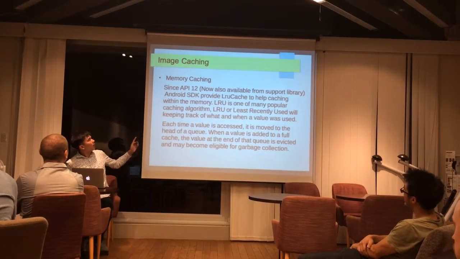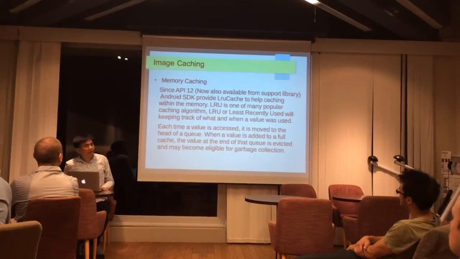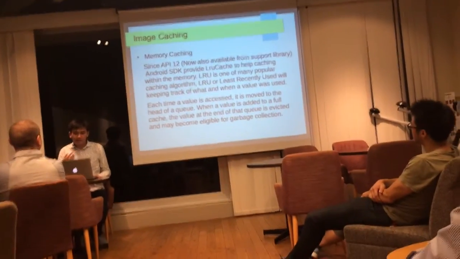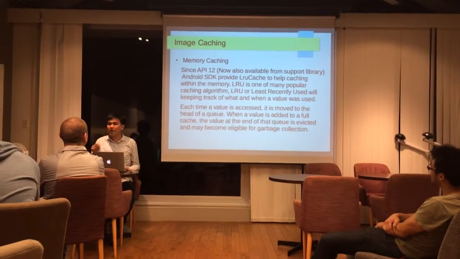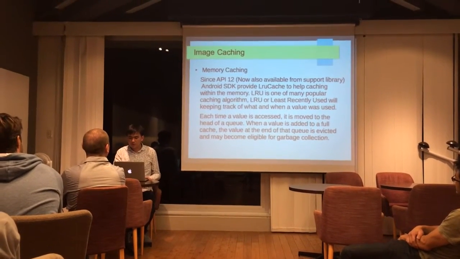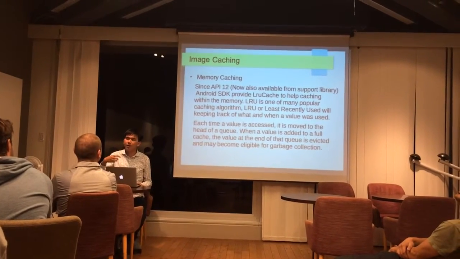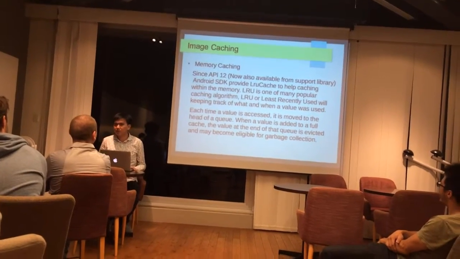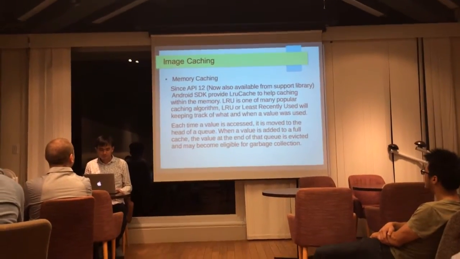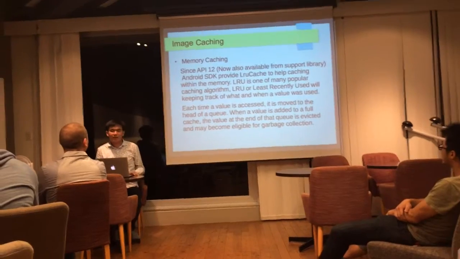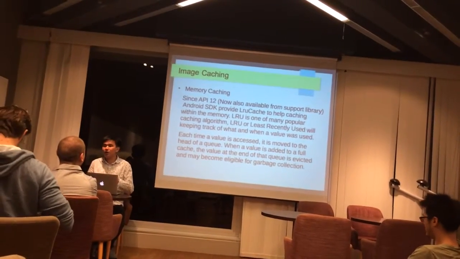But first of all, since API 12, Android SDK provides LRU cache, and now it is also available from the support library. Last time Anthony made a presentation about the support library too. So the LRU cache is a cache using the LRU algorithm.